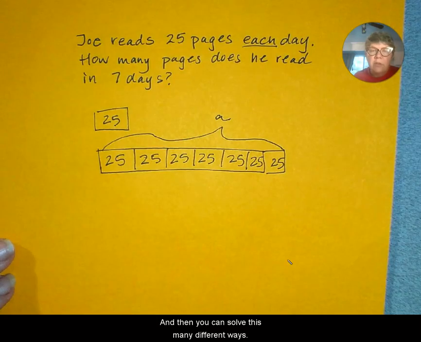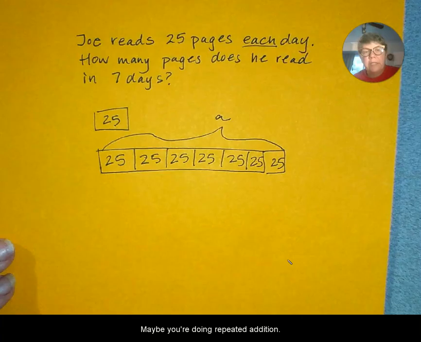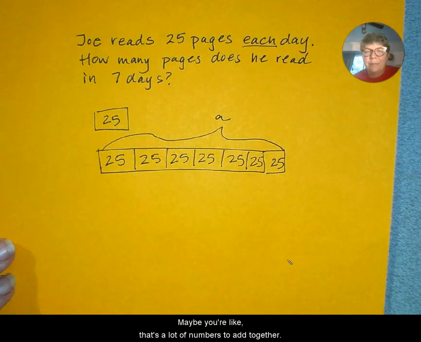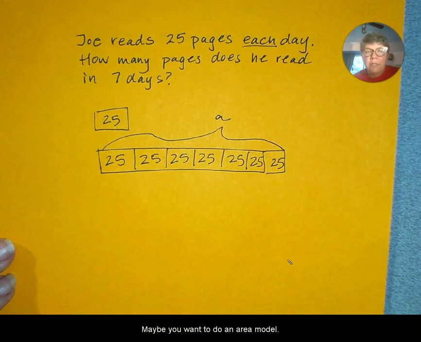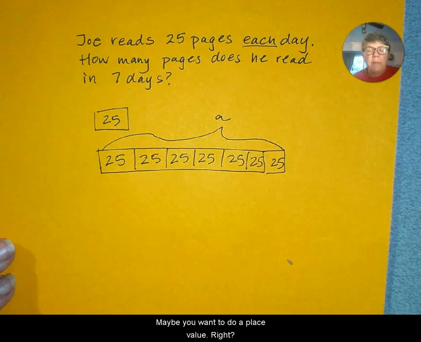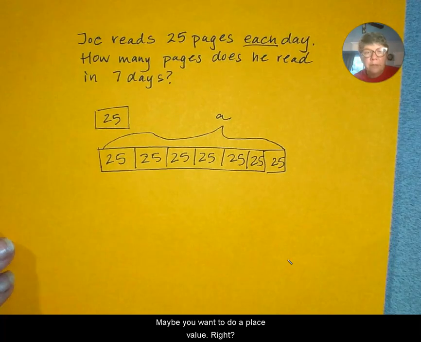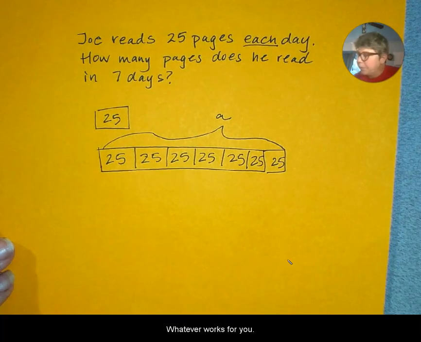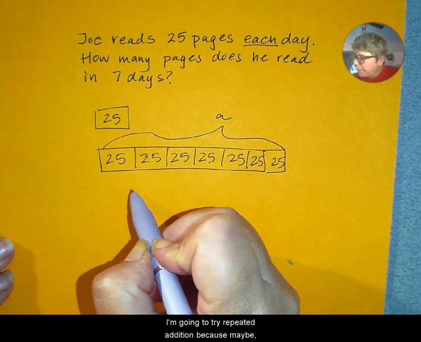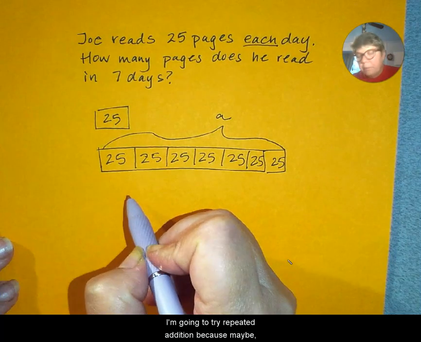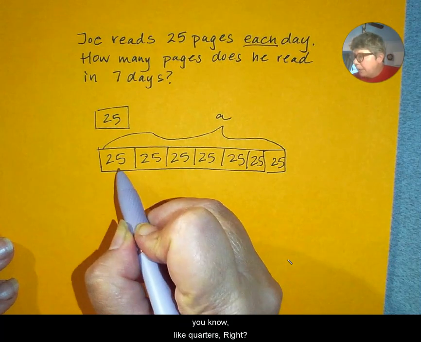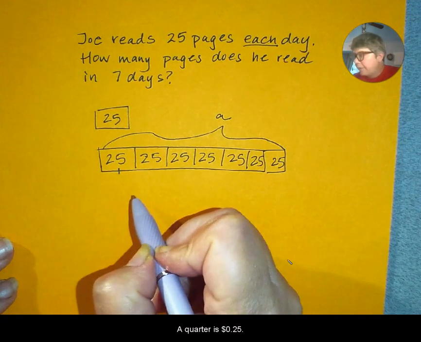And then you can solve this many different ways. Maybe you're doing repeated addition. Maybe you're like, that's a lot of numbers to add together. Maybe you want to do an area model. Maybe you want to do a place value, right? Whatever works for you. I'm going to try repeated addition because maybe you know, like quarters, right? A quarter is 25 cents.